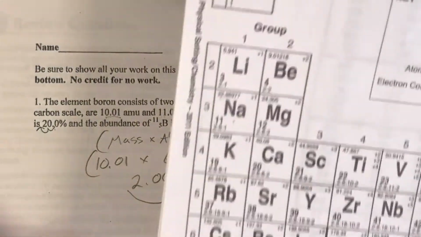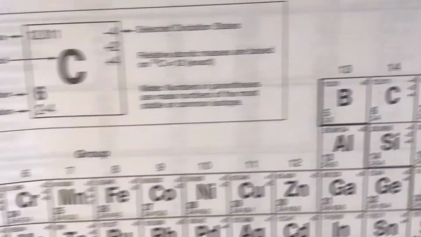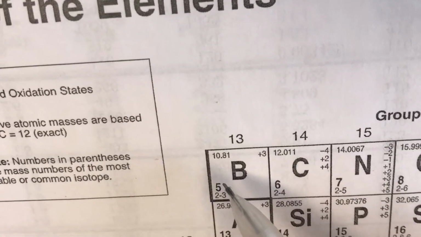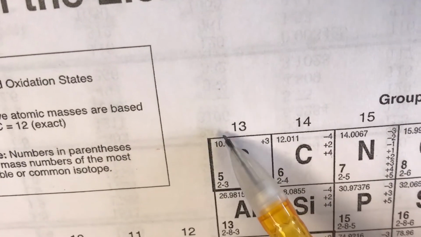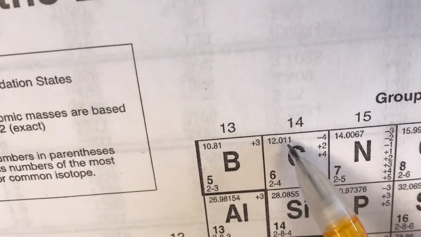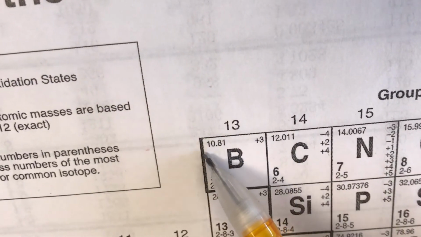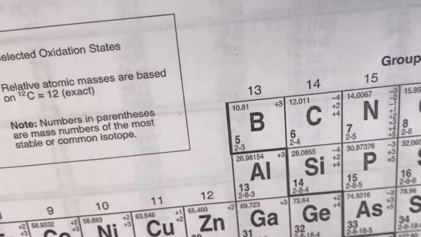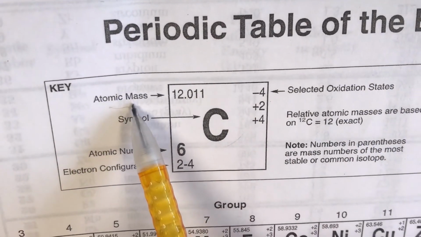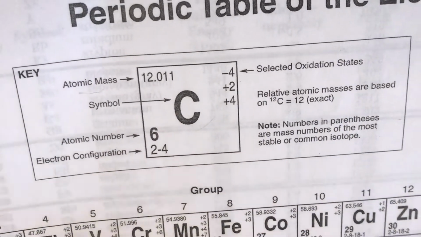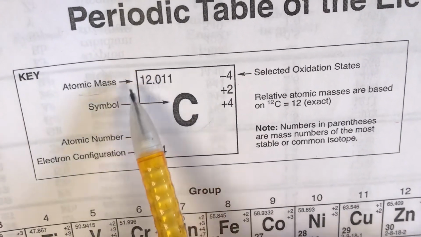And if we pull up boron in our reference table, notice there we have 10.81. So that's how the average mass is calculated. These values you see here on the tops, like carbon 12.011, 10.81 for boron, it's called the atomic mass. Now really it's the average atomic mass. It says atomic mass, but really it's the average. So if we were to take all of the atoms of carbon together, this is what it would average.